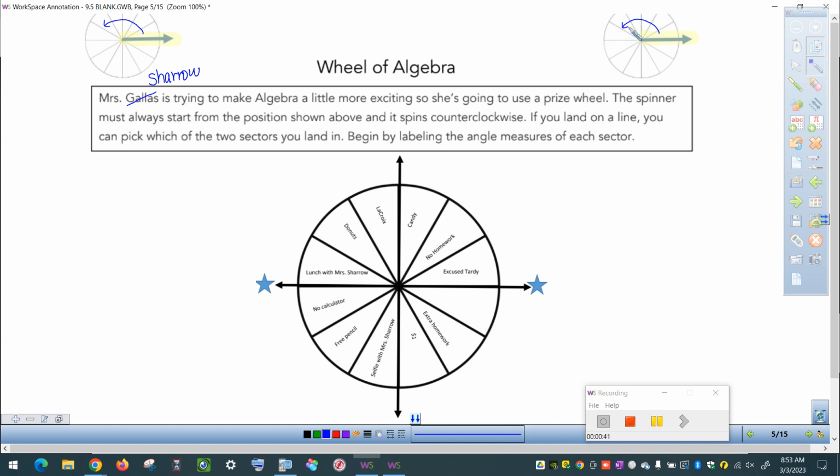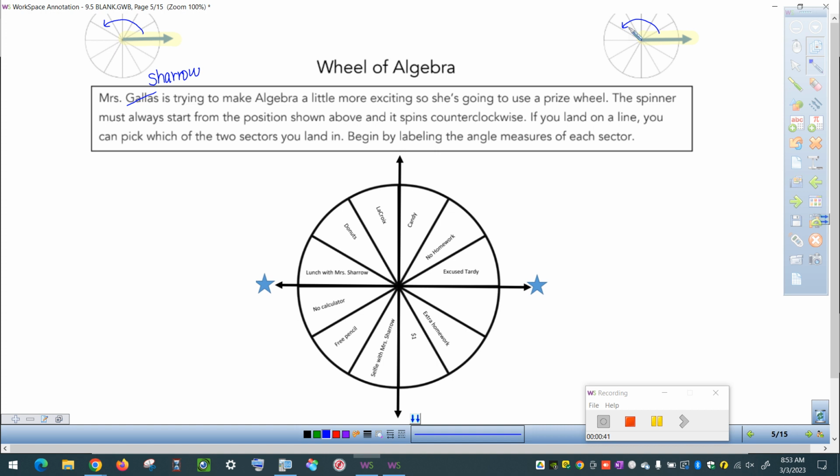We're going to begin by labeling the angle measure of each sector. So if we think about this starting position, where it was pictured up there, I'm going to use this purple ruler to represent this. And if we're moving in this counterclockwise direction, I first want to ask you, if I were to travel one full distance around my spinner and land in the exact same position, how many degrees have I traveled?